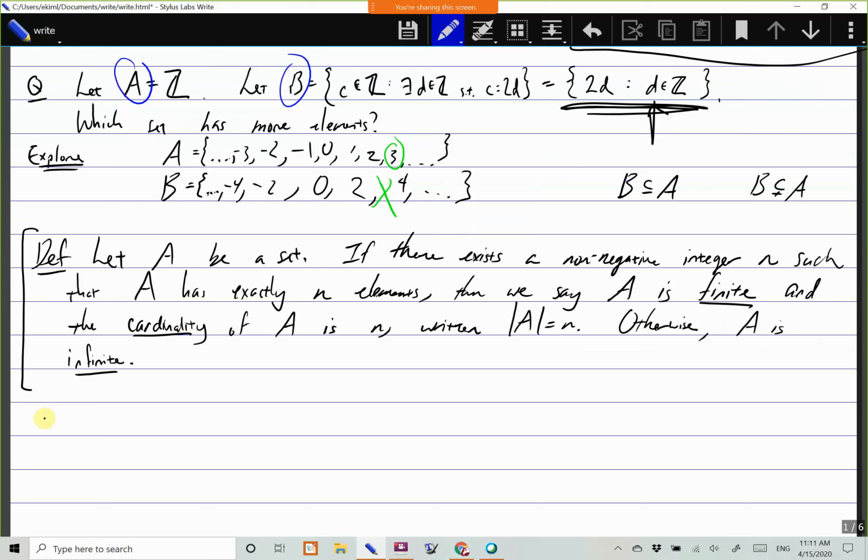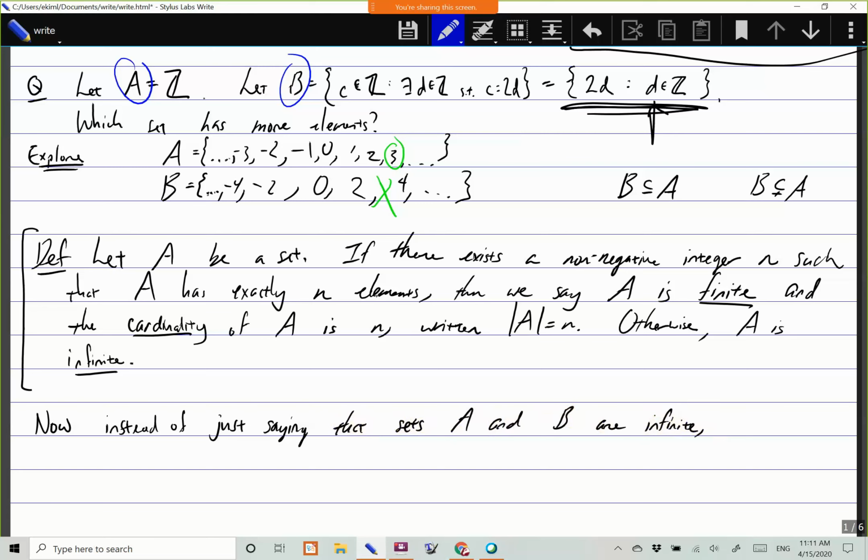And now we're going to say a little more. So now, instead of just saying that sets A and B are infinite, we're going to try to talk about situations where two infinite sets are going to be considered to have the same number of elements or not.